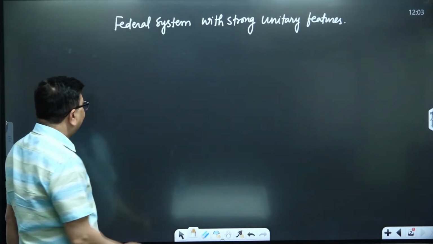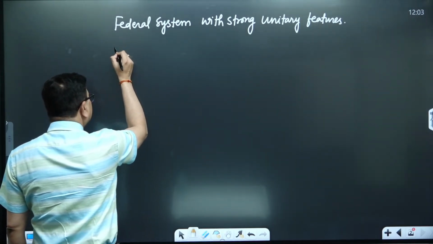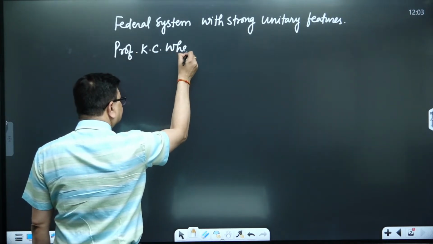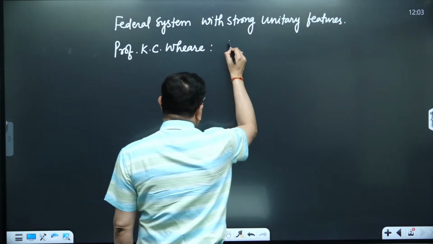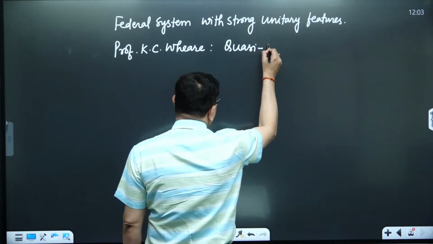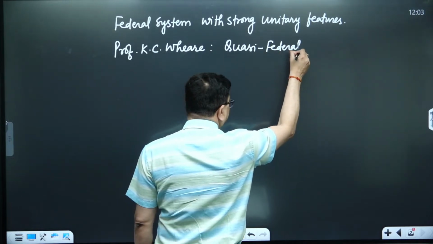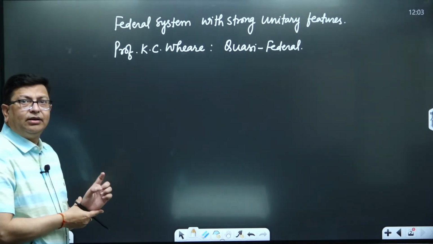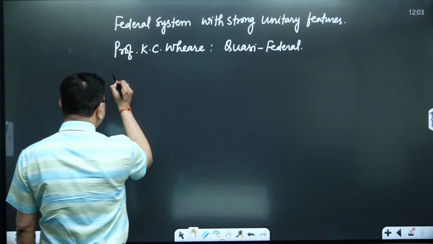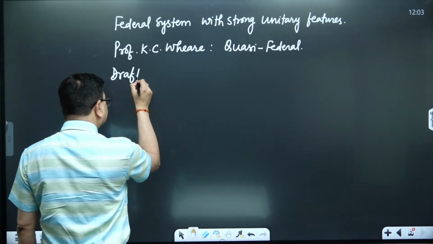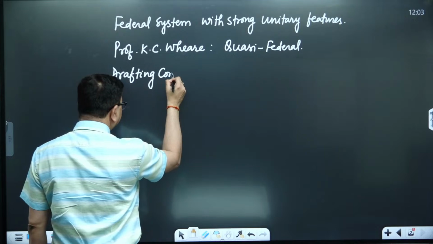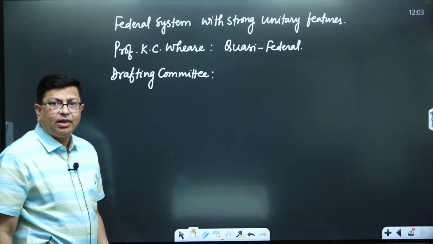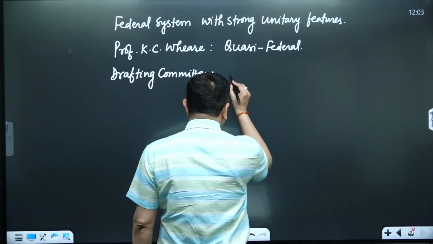Professor K.C. Wheare had termed India as quasi-federal. Then the drafting committee of the constitution had held that it is a federal system.